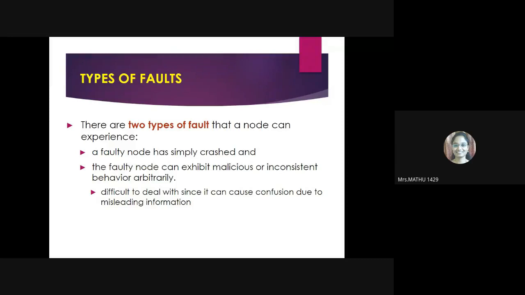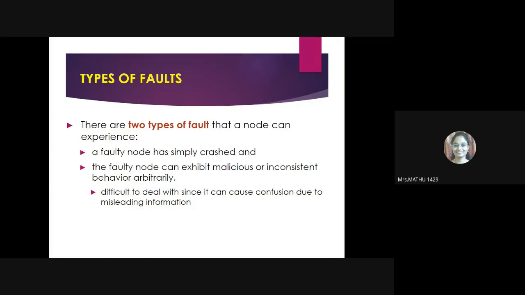We have talked about how some of the nodes can be faulty or malicious. The two main types of faults a node can experience are: first, a faulty node may simply crash.